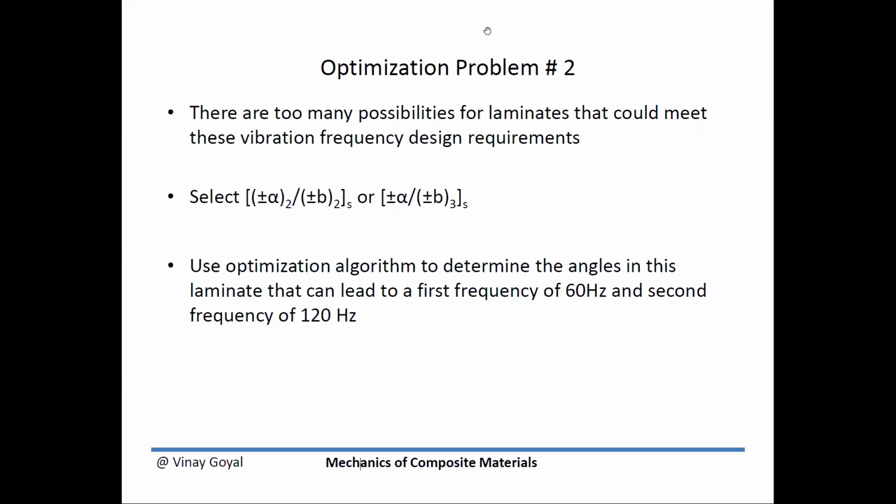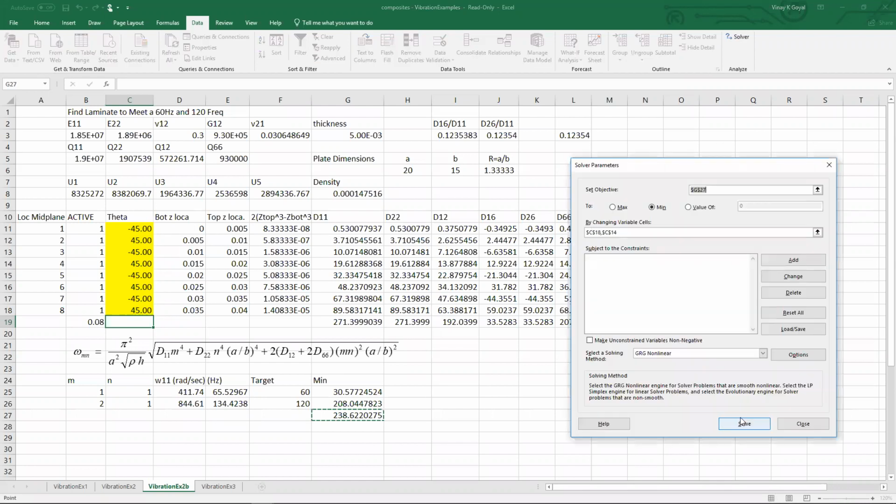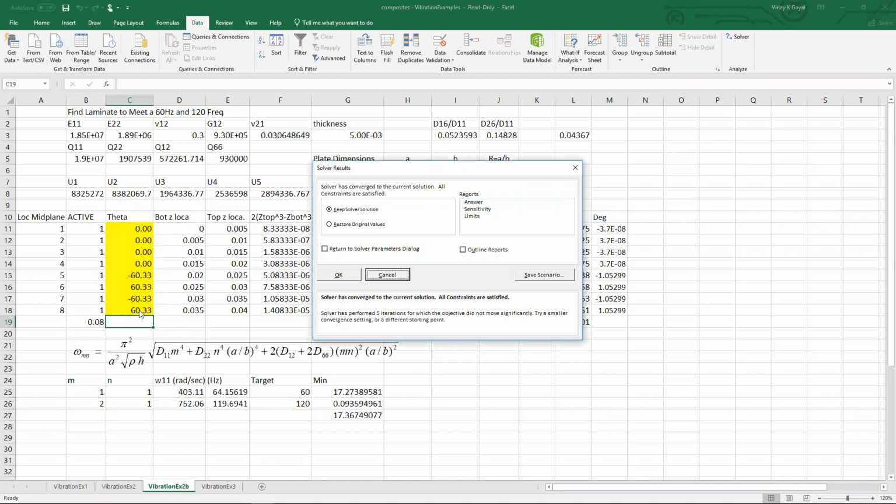So now I want to see if I can get the ply stacking sequence that looks like this one. That is the next goal now. So let's look at that one. So here we are. We set up the problem the same way, and we want to minimize the error in the same manner. So I'll hit the solver command, hit solve, and we're able to find a ply stacking sequence that will minimize the error.